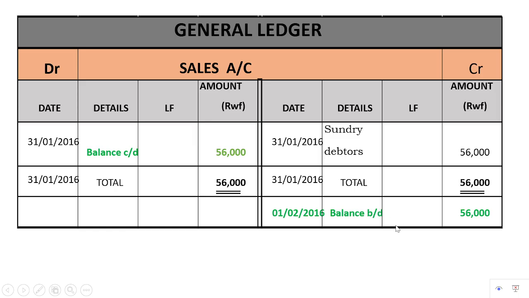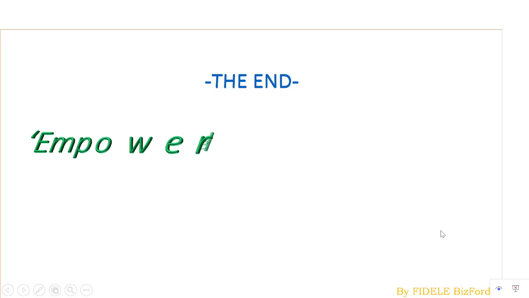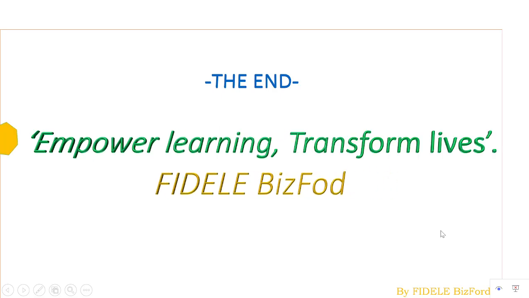Then the balance brought down on sales. Sales is a revenue account, so it comes to the credit side as the rule stipulates. So this is the end. Bye.